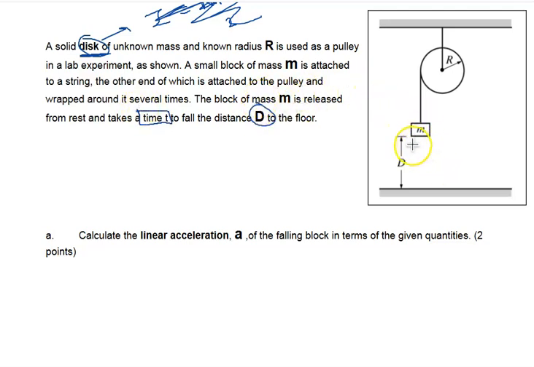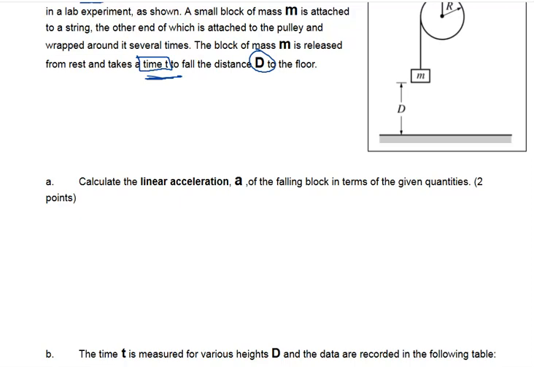It is rare that these kind of problems are constant acceleration physics Sudoku, but because they give you time, that's a big fat clue that this is not forces and torque or energy, because they gave you time. So time is a big fat hint that it's a physics Sudoku.